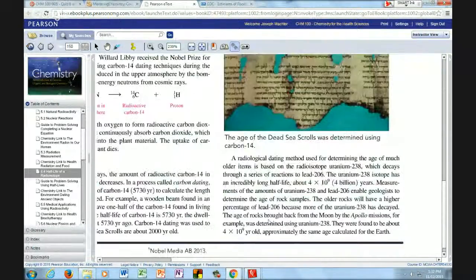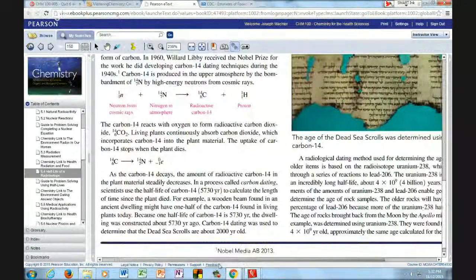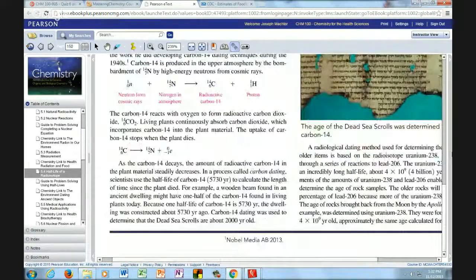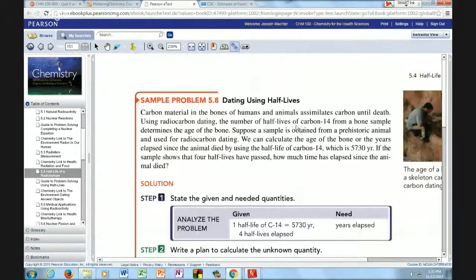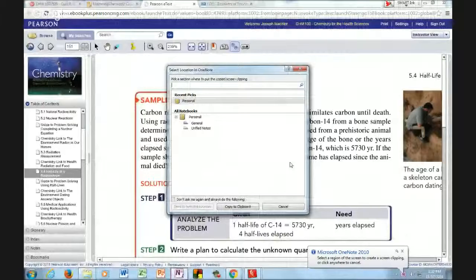So here's an example. Take a look at this one.